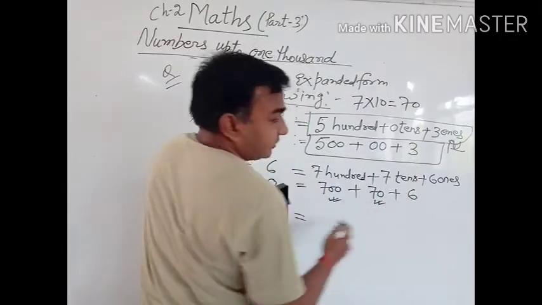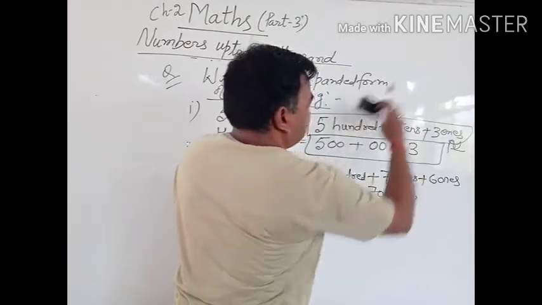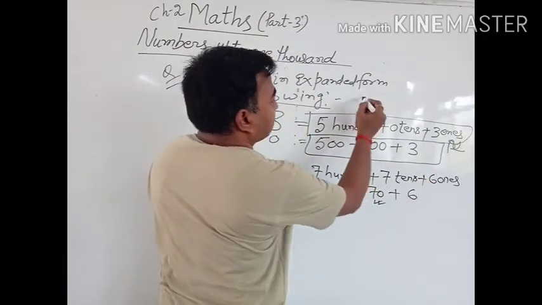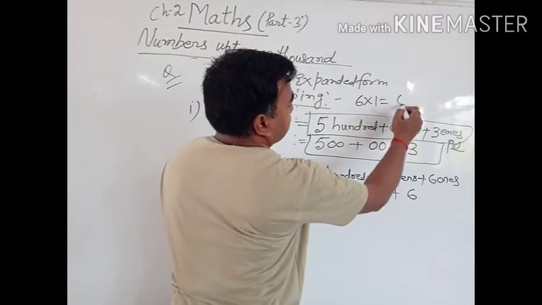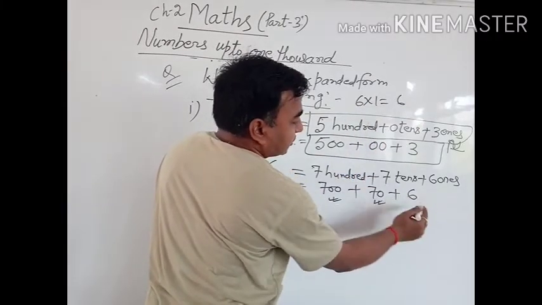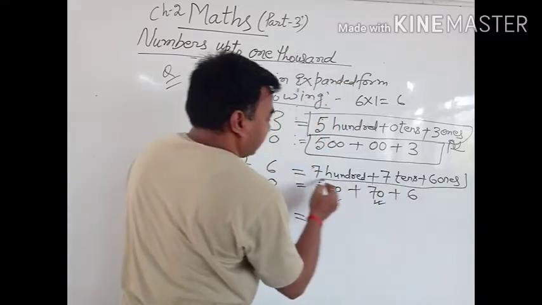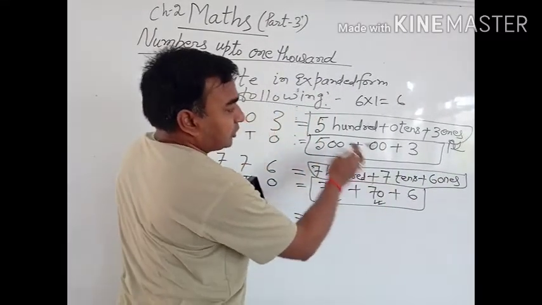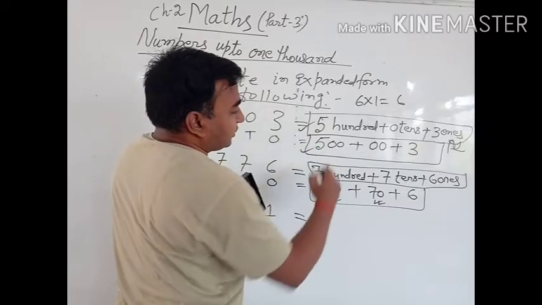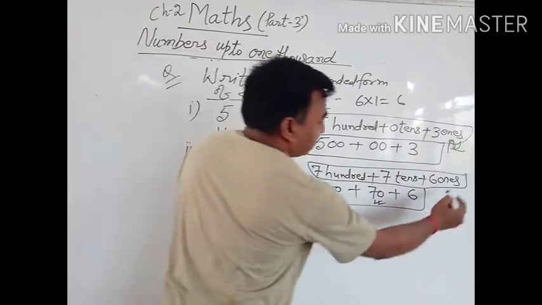I have written 70. 6 ones means 6 multiplied by 1. 6 ones are 6. I have written 6. So this is our answer. I have written it in two different ways. You can write either this way or this way.